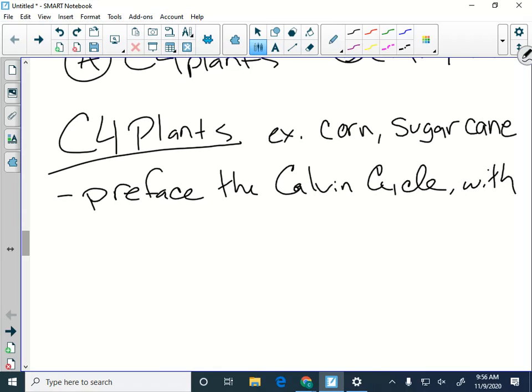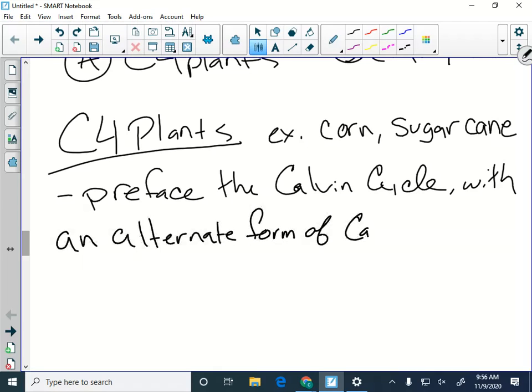Right before the Calvin cycle, what feeds into the Calvin cycle, we have an alternate form of carbon fixation resulting in a 4-carbon compound as its first product.